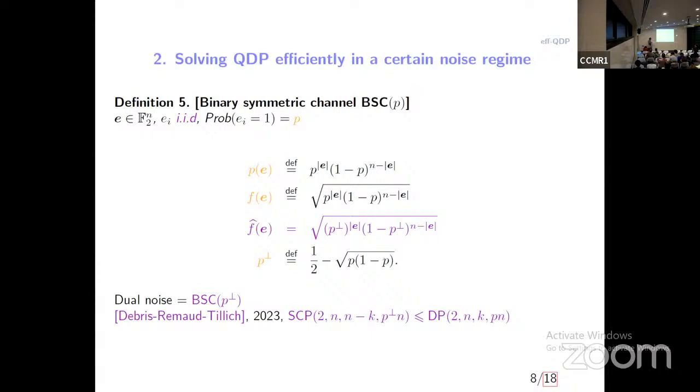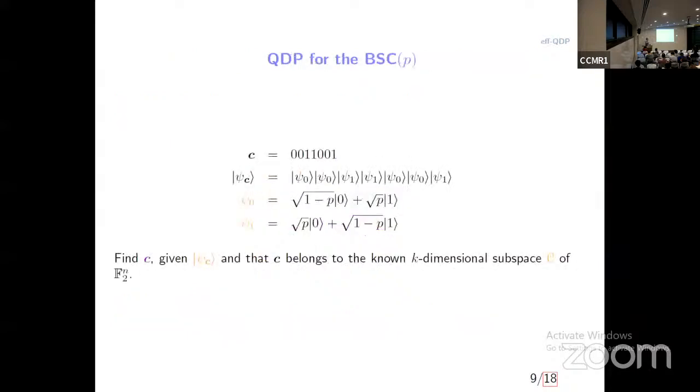But this is not an efficient way of doing this, because for the classical decoding problem, as I said, there is no good way of solving it right now. It would be a terrific result if this were to change in the near future. But now, can you do it?